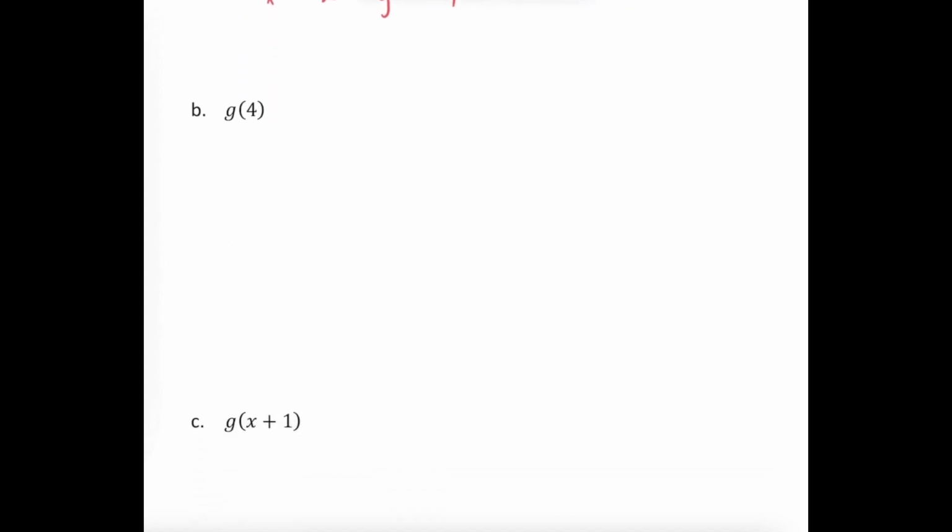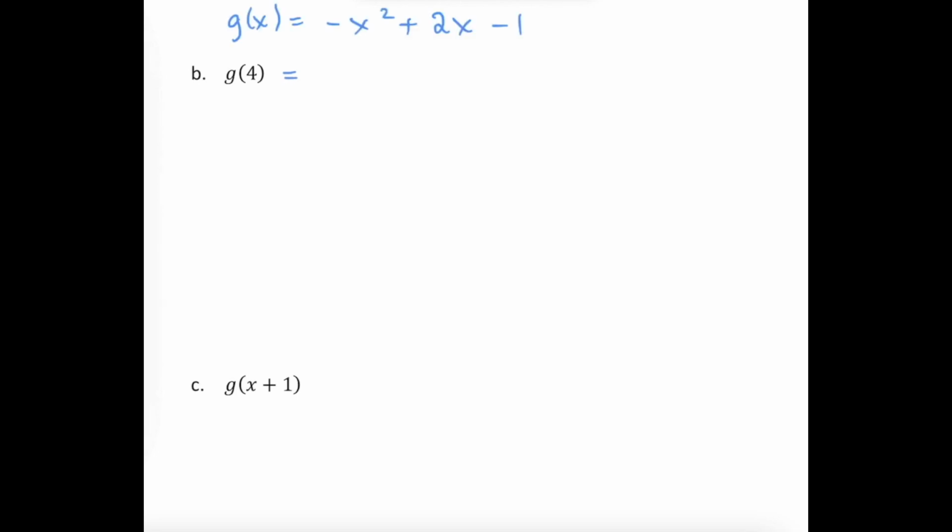So let's do that again for a couple of more examples. We have now g at 4. So if I have an x inside the functional notation, I'll have x's out here in my equation. But if I have a 4 inside that functional notation, that means I'm going to be plugging in 4 into those x spots.